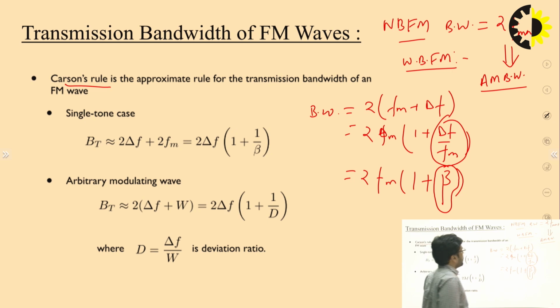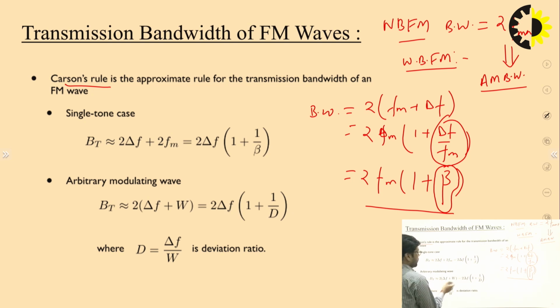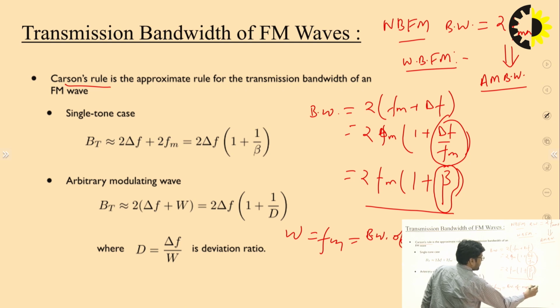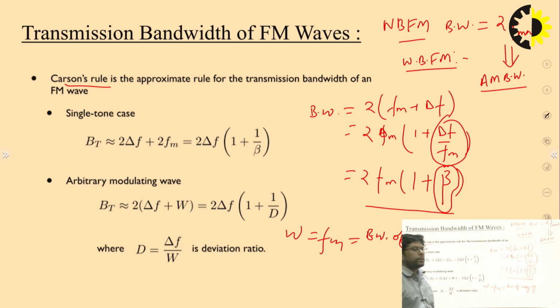But for wideband FM, you have to calculate the bandwidth with the help of this formula. Here D represents delta f by W, where W is nothing but f_m, the bandwidth of the modulated signal or message signal. This is the procedure to calculate the bandwidth of a frequency modulated signal.